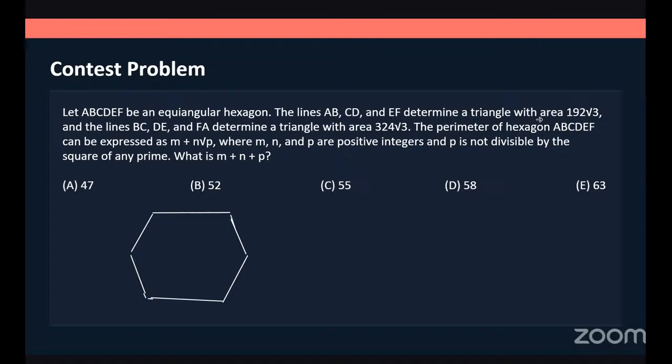First, let's write in our letters. D, E, and F. And then the lines from there extend to create triangles.